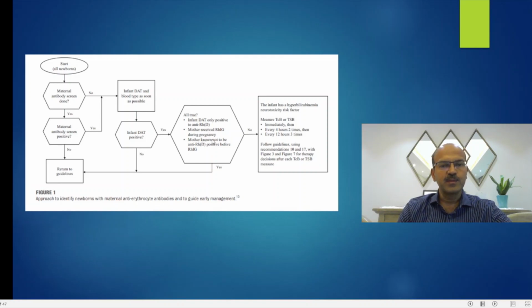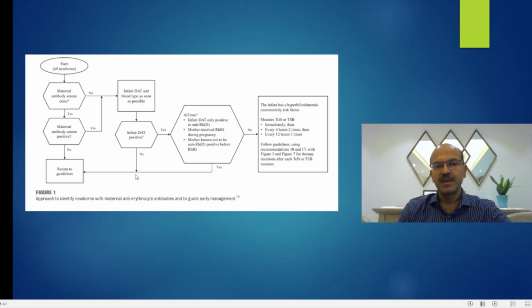You might remember that most mothers receive it around 26 to 28 weeks of pregnancy or following any handling like fetal rotation and so on. The mother is known not to be anti-RhD positive before the RhIg, meaning she was not sensitized in a previous pregnancy. If any of these are abnormal, then you would consider the baby's DAT as significant. But if all these are true, then you can assume the baby can return to the normal guidelines.